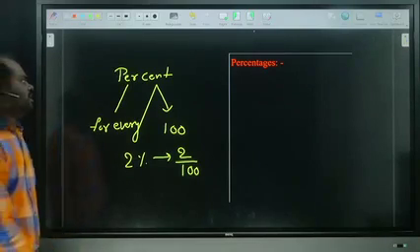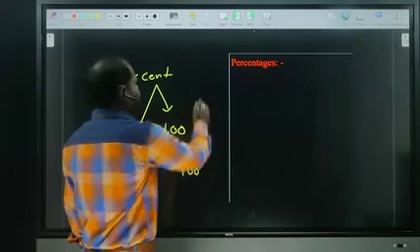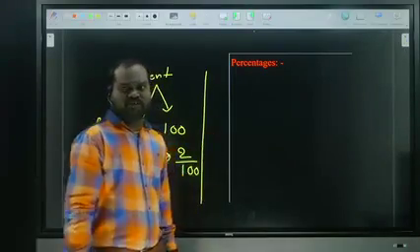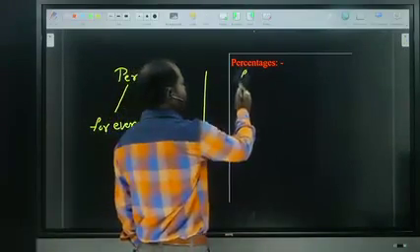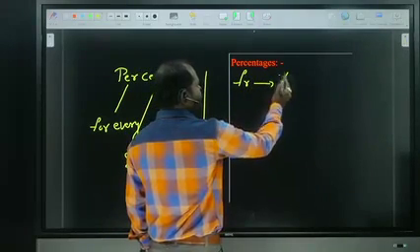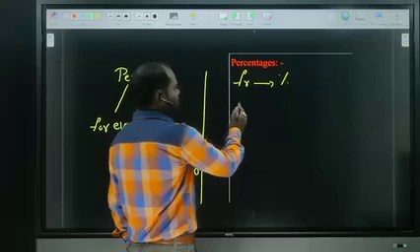Next, in percentages we have two kinds of conversions. One conversion is fraction to percentage. For example, the fraction 3 by 5.